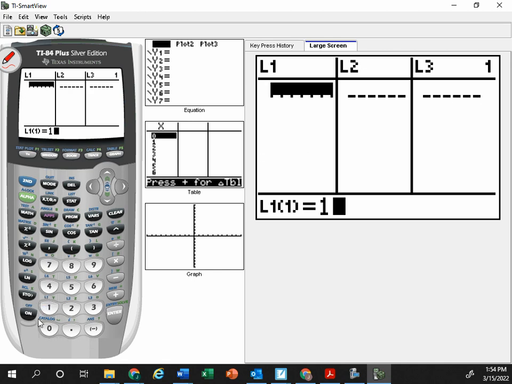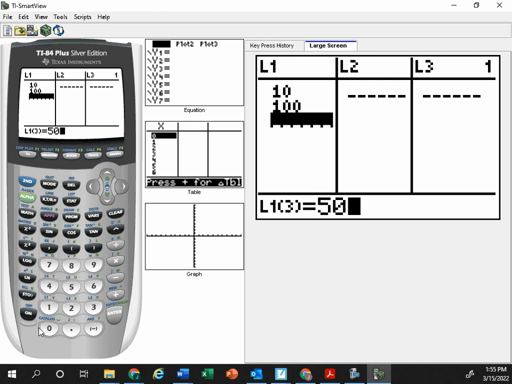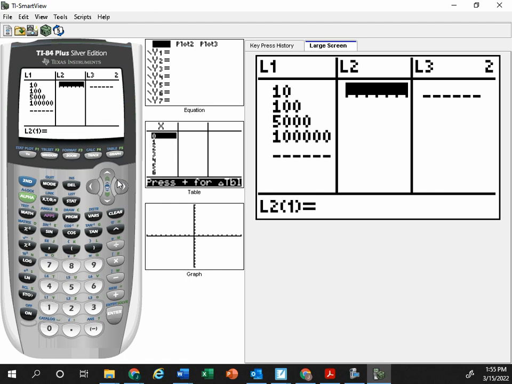So I'm going to put the 10, 100, 5,000, and 100,000 in there. And then what do you think I'm going to put in list 2? 125, 25, 25.